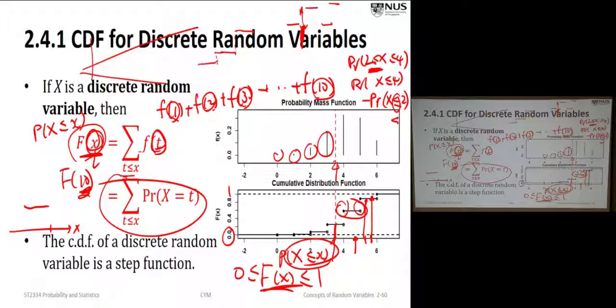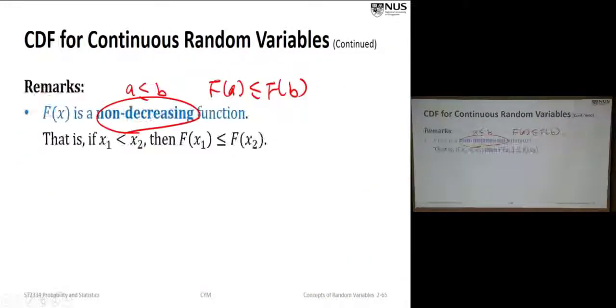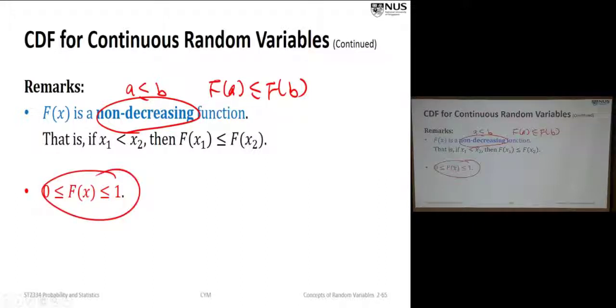But if you take this point and this point, then of course capital F at this value and capital F at this value, one is less than the other. So it's a non-decreasing function. And F of x must be between 0 and 1.